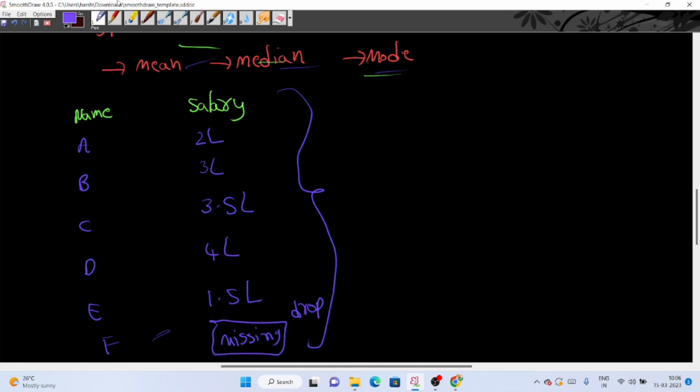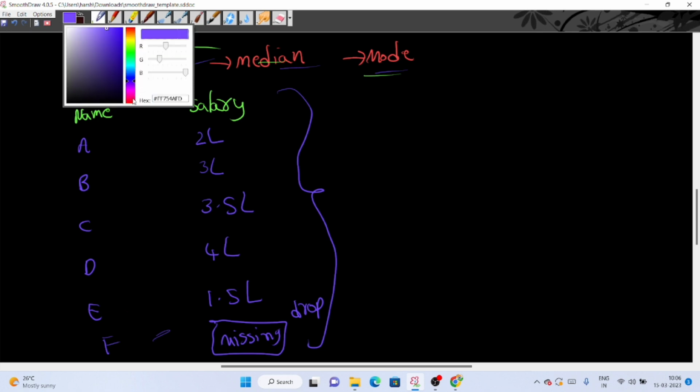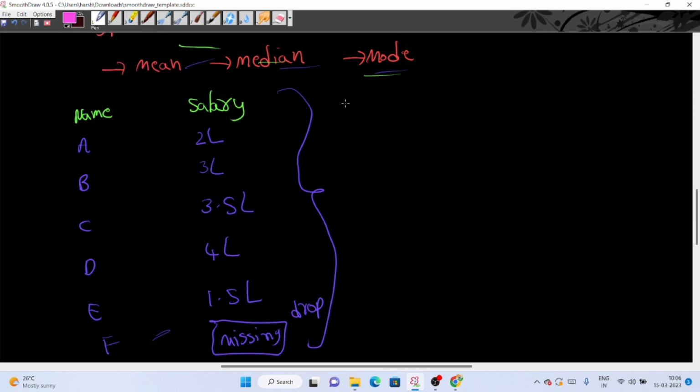So first of all, let us discuss mean, and let's see how we can fill this missing value with mean. So basically, what is mean? Mean is the average of the data available. There is a formula for this mean also.